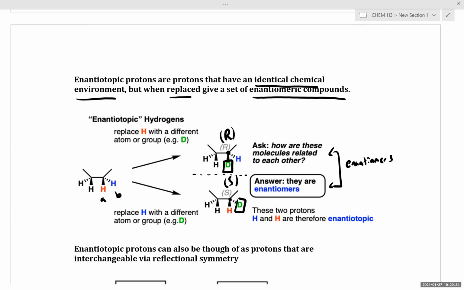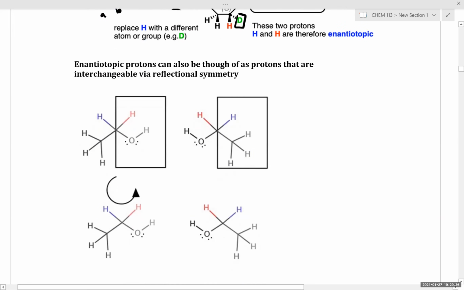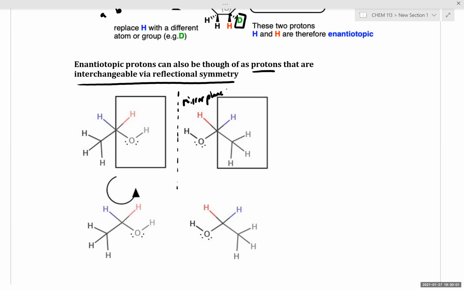Perfect. Now, enantiotopic protons can also be thought of as protons that are interchangeable via reflectional symmetry. Do you notice how we've taken this molecule and reflected it across a mirror plane? It's just like you put your hand up to a mirror and the mirror image is directly projected onto the mirror.